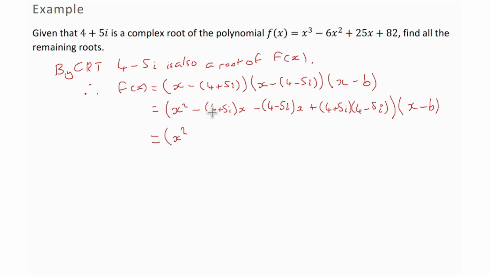Simplifying, we've got minus 4x, so that's minus 8x. And then we've got minus 5ix plus 5ix, so they cancel out. We've got no ix's. And then here, (4 plus 5i) times (4 minus 5i), this is a difference of 2 squares. So 4 times 4 is 16.